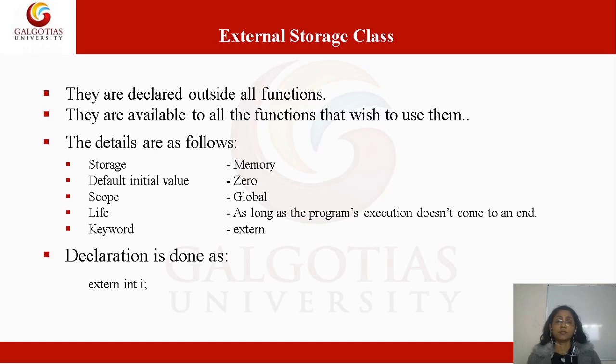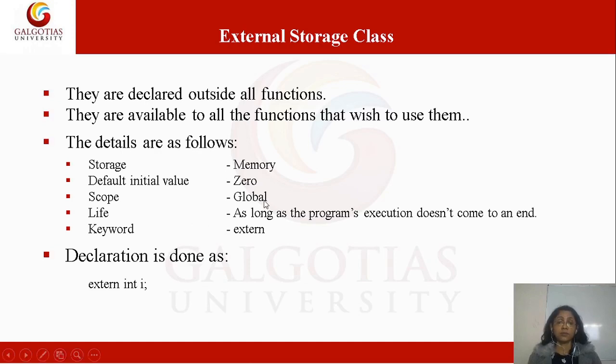Now next, we come to the external storage class. This is the last storage class. Variables of this kind are declared outside all functions, and they are available to all the functions that wish to use them. The storage will be memory. The default value is 0.